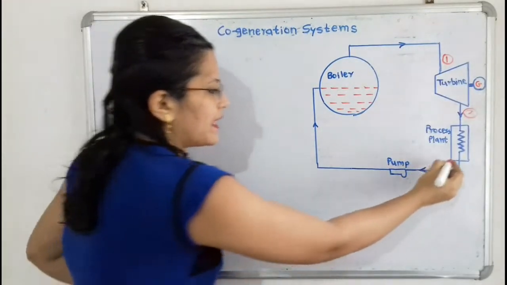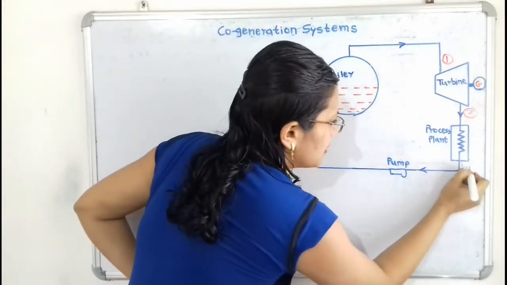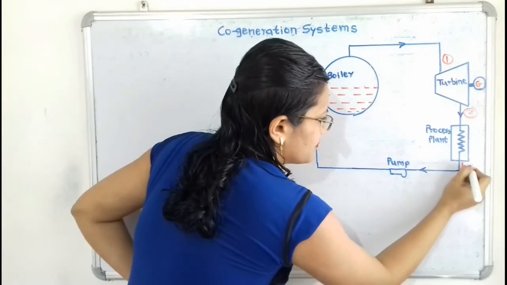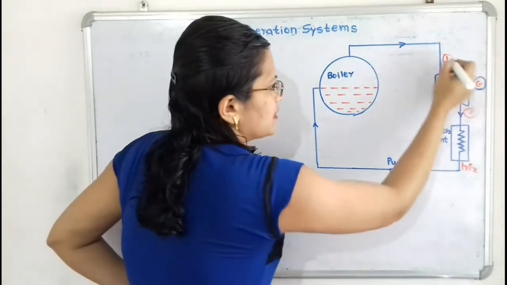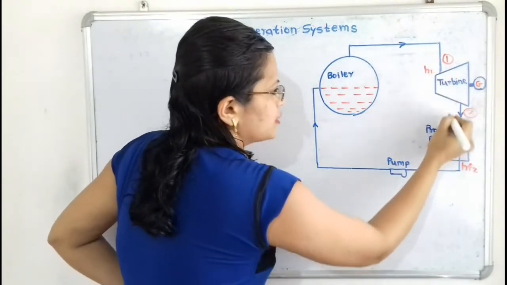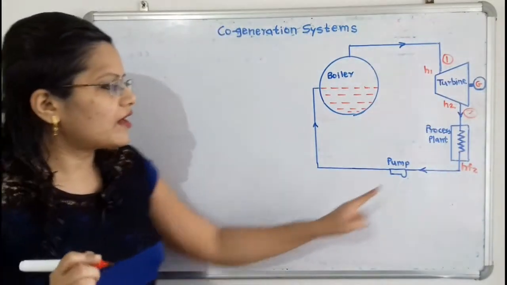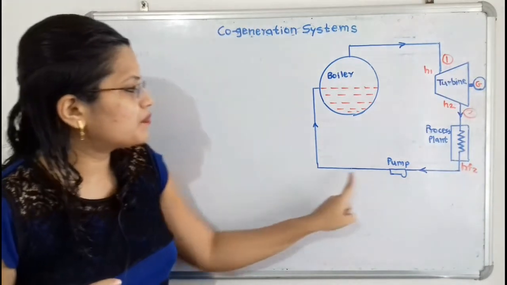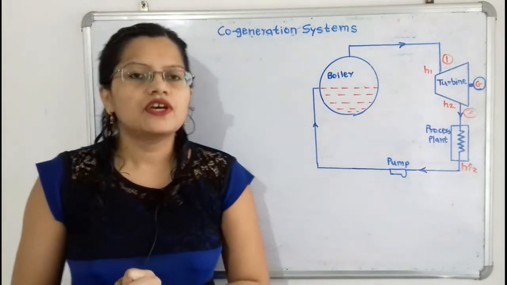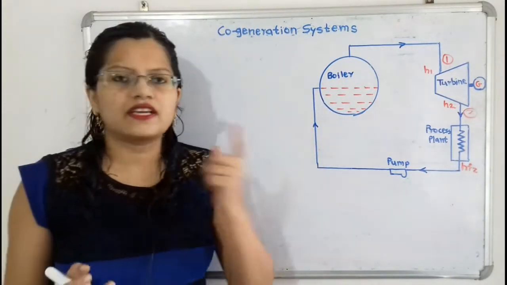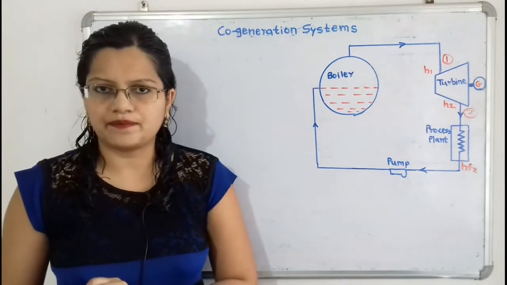The enthalpy at the exit of the process plant will be hf2. So I will write here: this point is at H1, here is H2 and here is hf2. Now again this saturated water is pumped to the boiler. So this is all about the working of the cogeneration system.